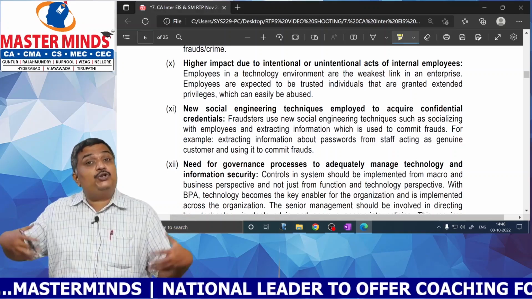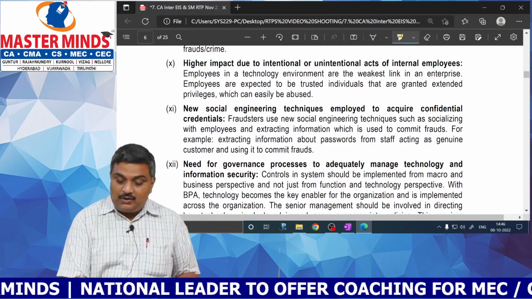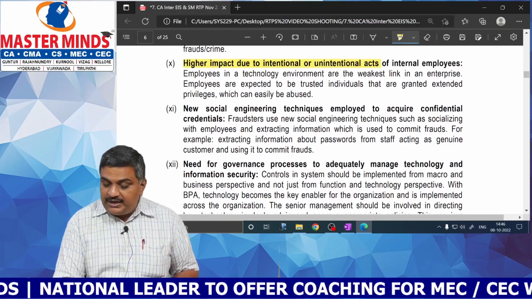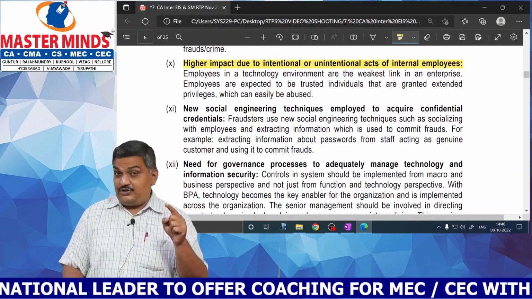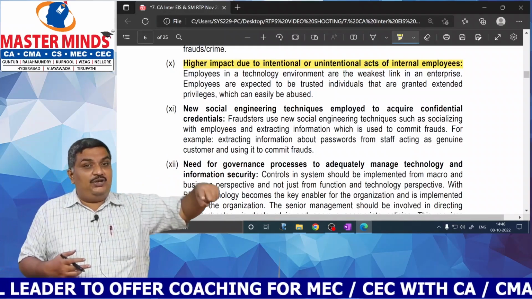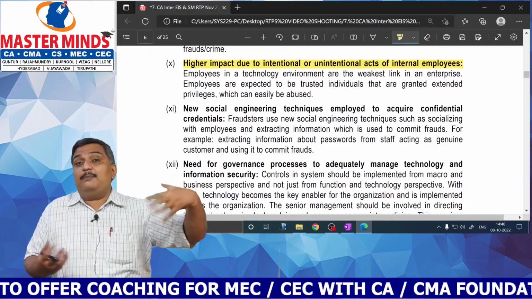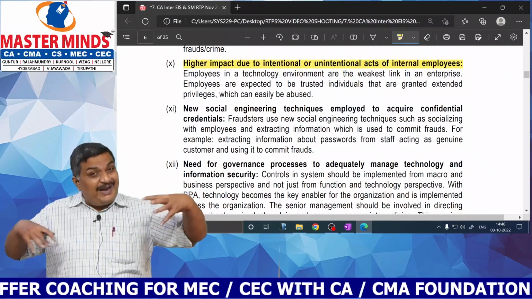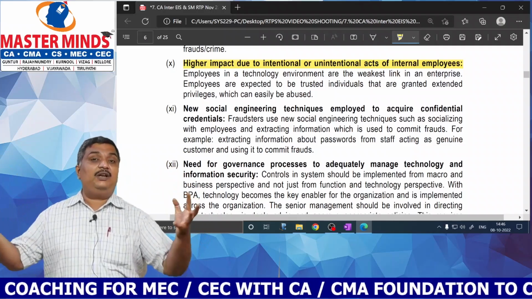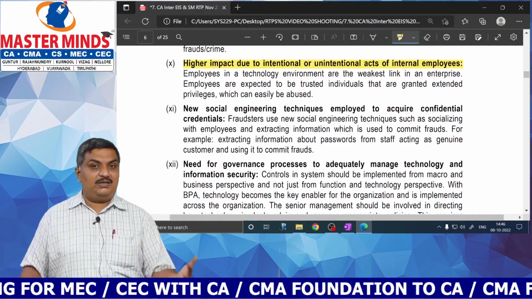So they want to show their wrath on the organization. So that kind of risk is also there. These enthusiastic employees make unintentional attacks or unintentional mistakes, whereas the employees who are disgruntled, who are very angry at the organization, definitely do some intentional acts which spoil our servers and all.